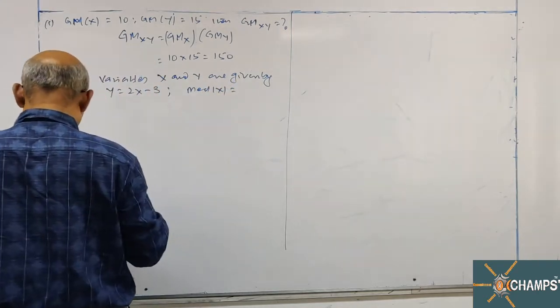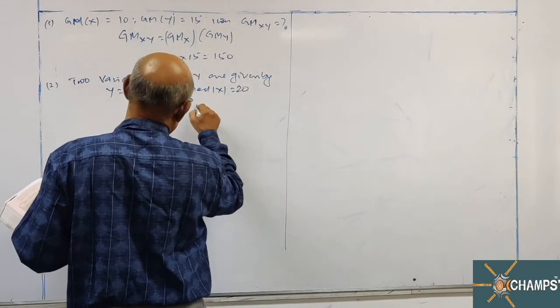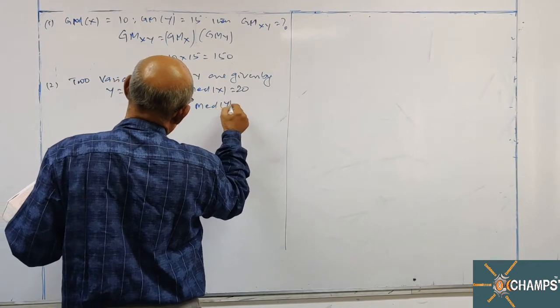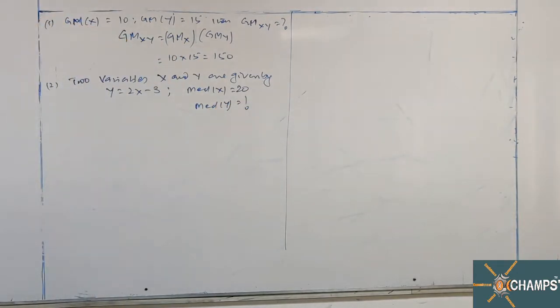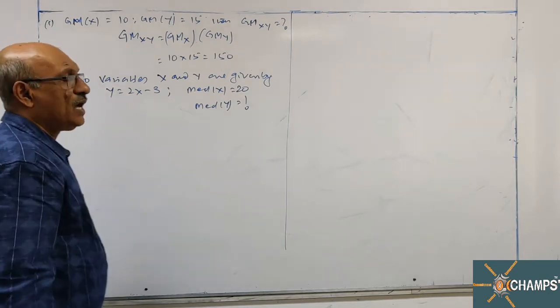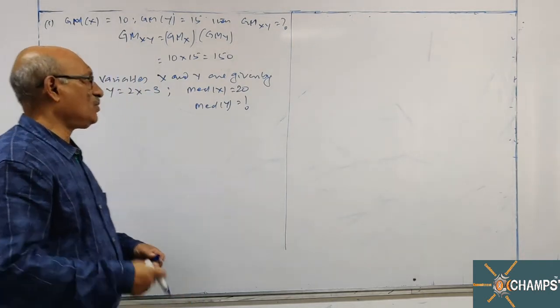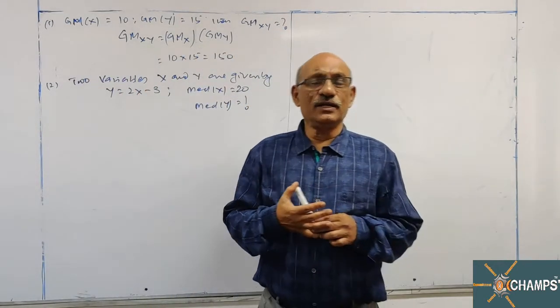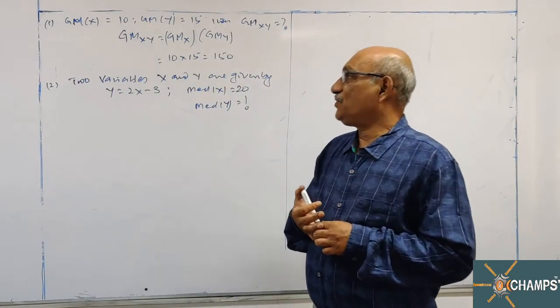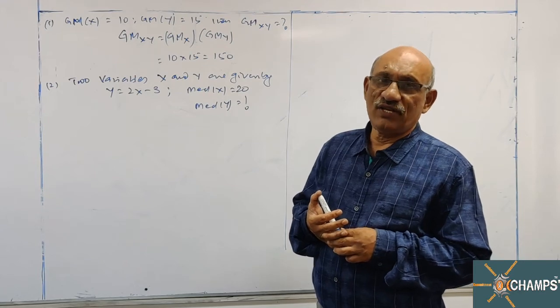Median of x is equal to 20. Median of y is question mark. This problem is based on the property that median is dependent on change of origin and scale.